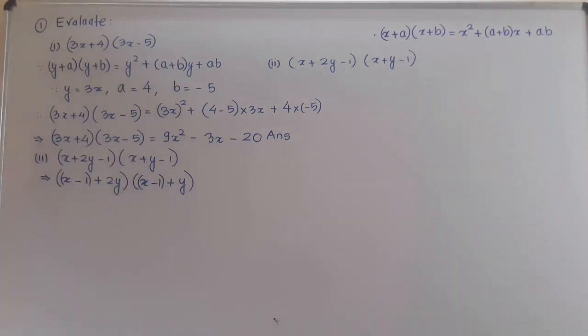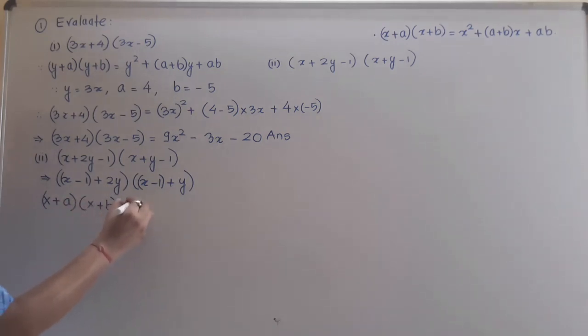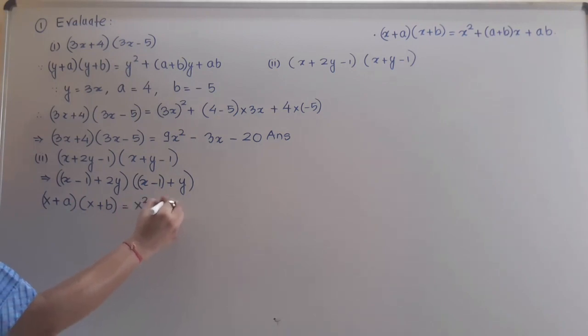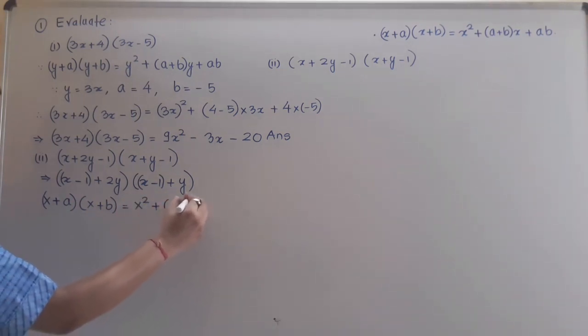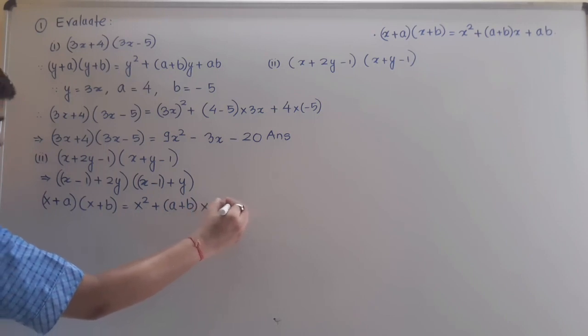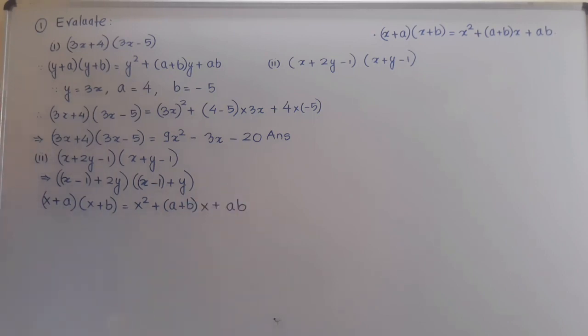So I am writing here capital X. Capital X plus A, similarly capital X plus B is equal to capital X square plus A plus B into capital X plus AB. Now compare. The formula is the same, only the symbols I am using are different, because the symbols in the formula are already taken by the question.